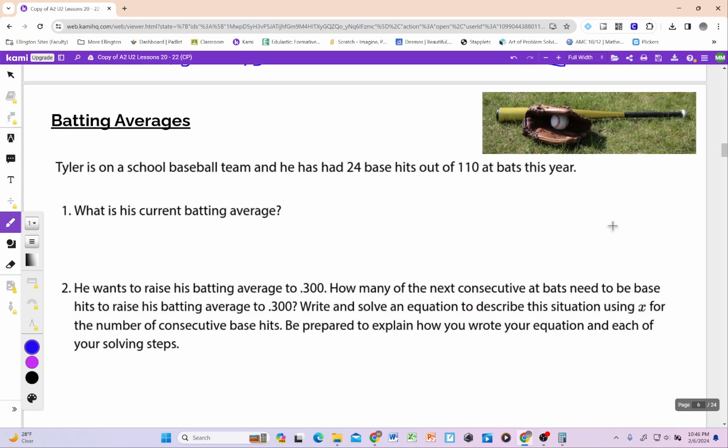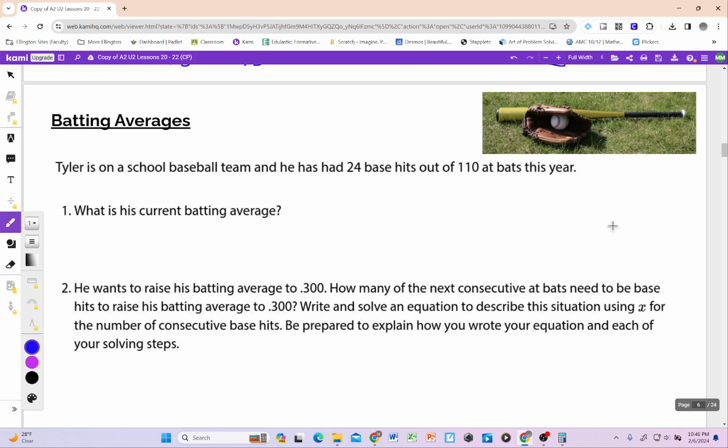Okay, another good situation that comes up is the idea of a batting average. So Tyler's on a school baseball team. He's had 24 base hits out of 110 at-bats this year. Okay, so what is his current batting average? So batting average, remember average is a record of the total divided by how many things have happened.